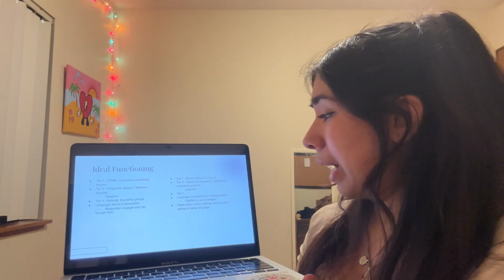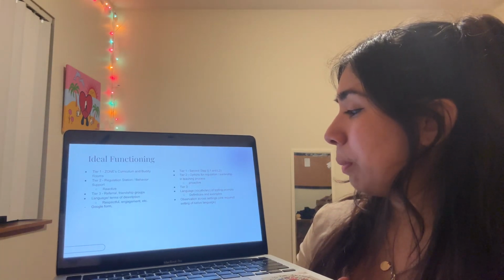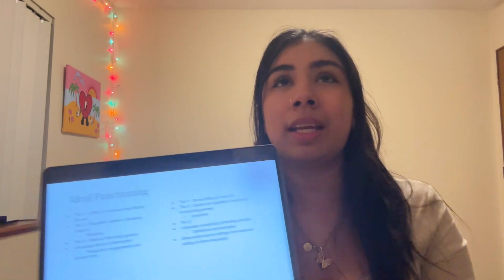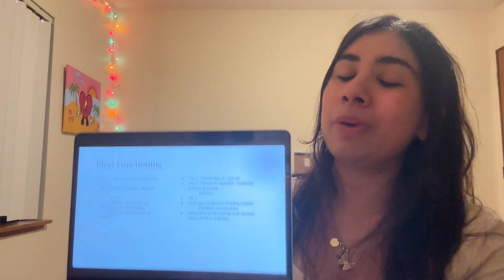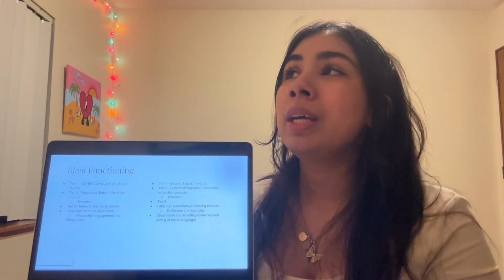For tier 2, I would have options for regulation, leadership in the teaching process. So it would be a little bit more proactive, where the teachers can engage with the students and learn a little bit more about what would help them individually in their classroom as they get to know them.